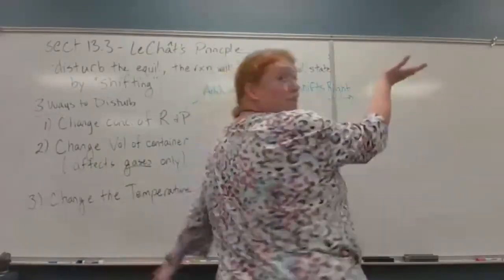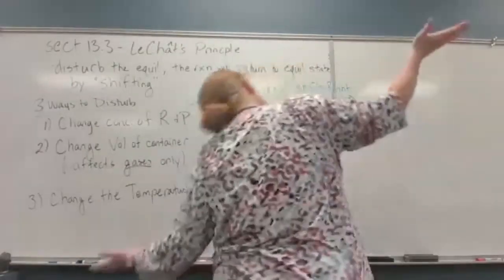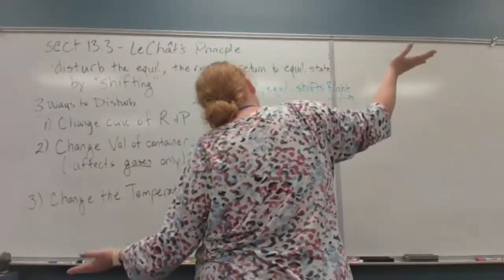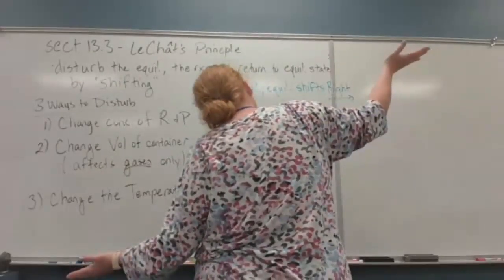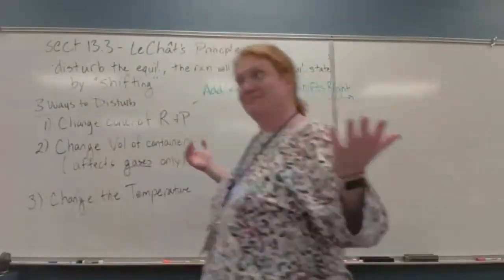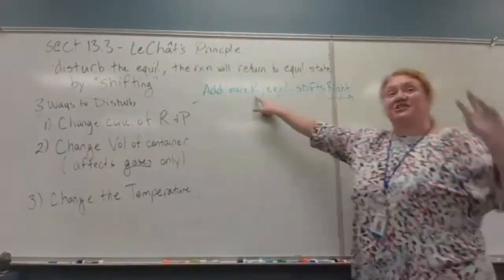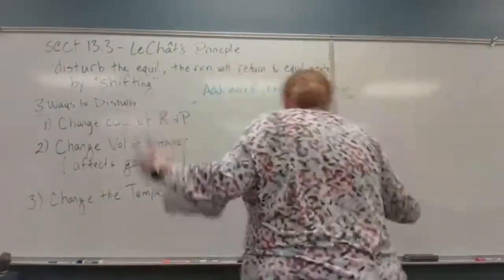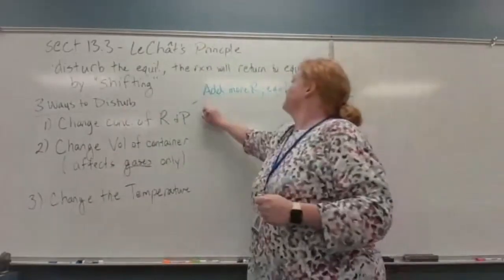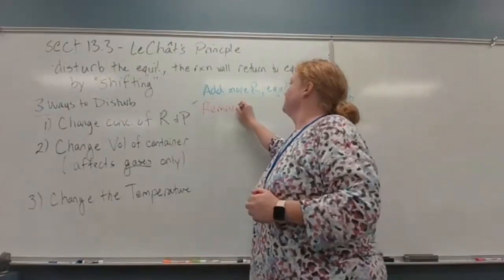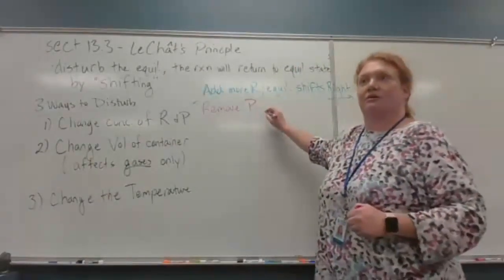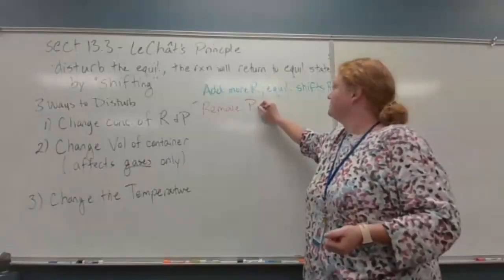This side is less now, right? I'm siphoning away products. So when I remove product, how does the equilibrium shift? Also to the right, just like that did. I did two different actions, but the shift result was the same. If I remove some product, it's going to shift to the right.